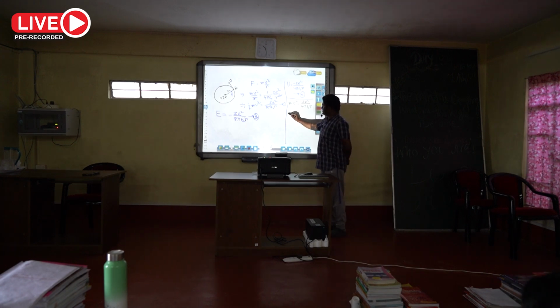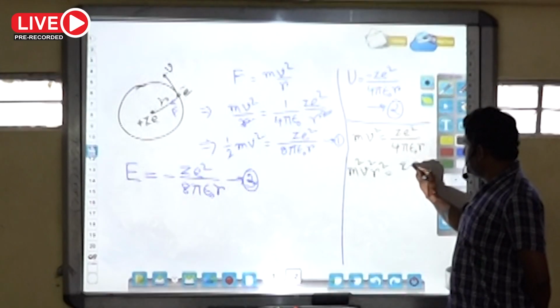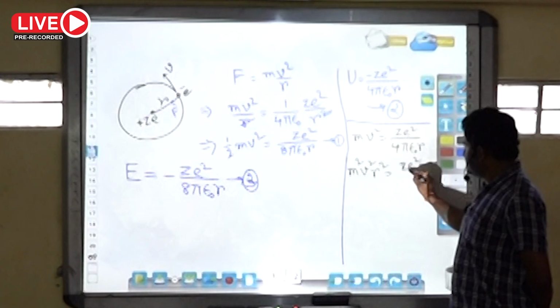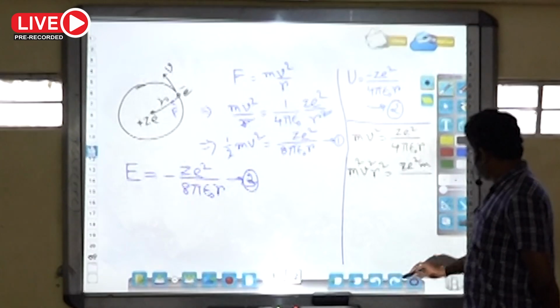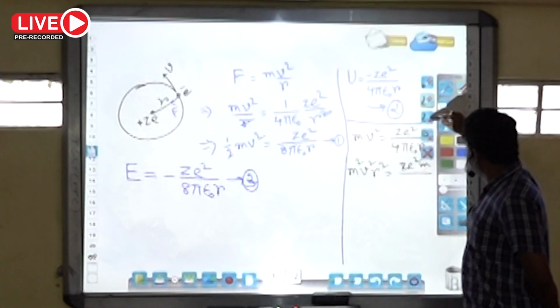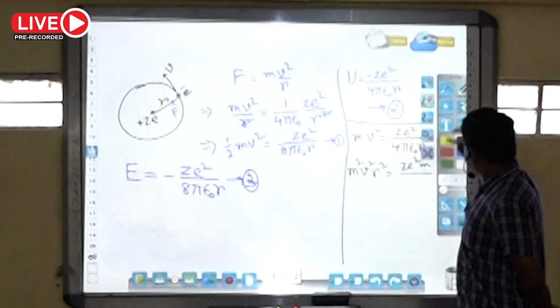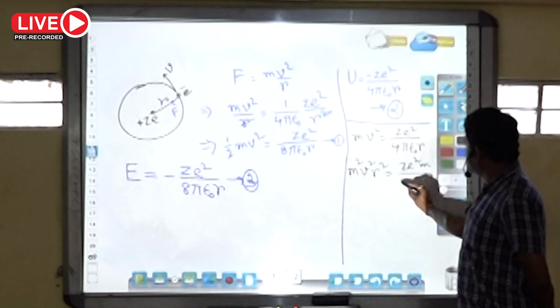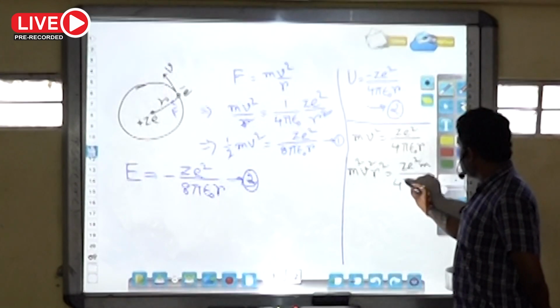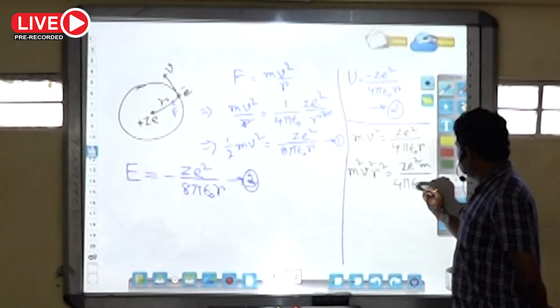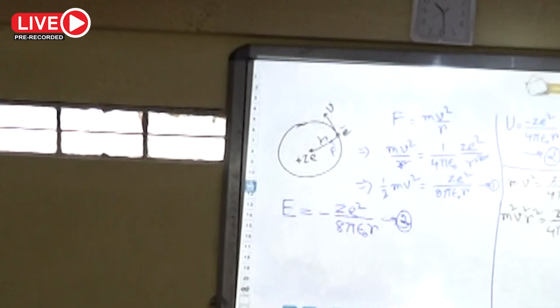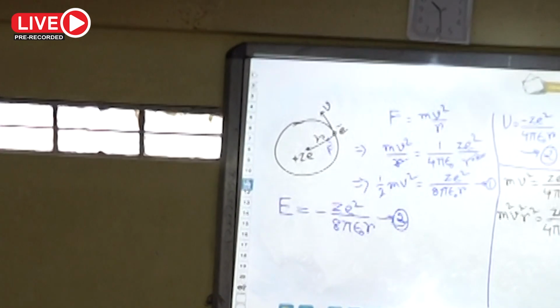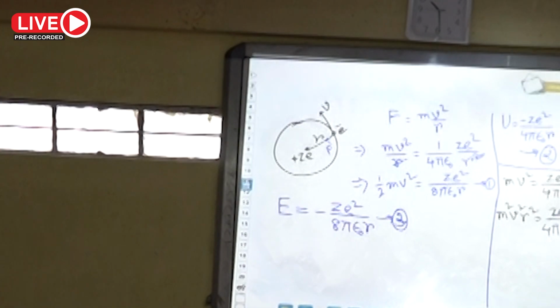What you will get? m square v square r square will be equal to Ze square m divided by 4 pi epsilon naught, and there is one r in the numerator, because I multiply both sides by mr square.